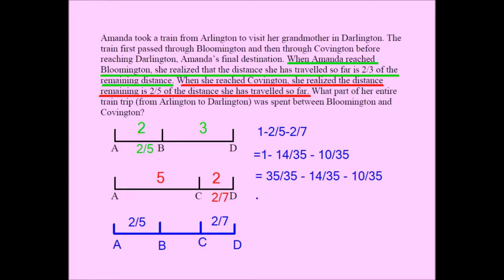So this has to be 11 over 35. So we're claiming BC over AD is equal to 11 over 35.